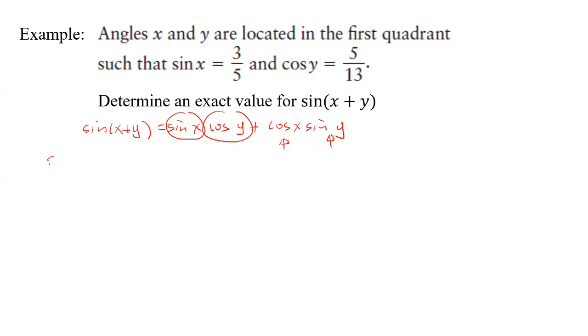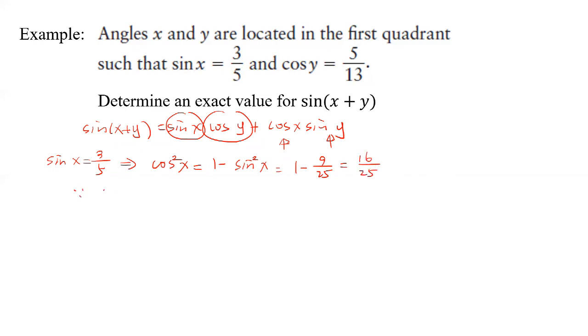Okay, so because sine x equals 3/5, right? This means cosine x squared equals 1 minus sine x squared. This is according to the Pythagorean identity, right? Which is 1 minus 9/25, which is 16/25, right?